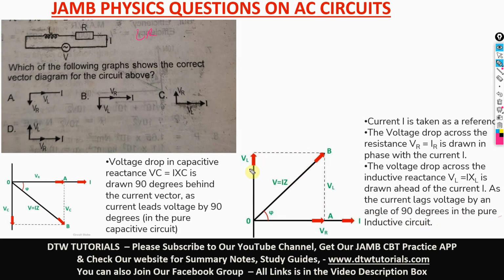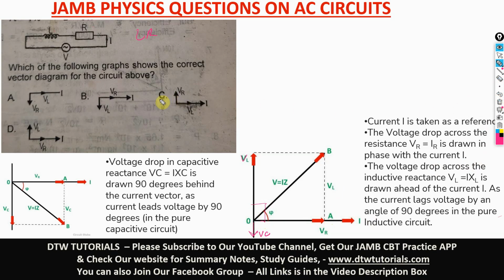Here the current lags behind the voltage. Remember as I said earlier, current lags behind voltage. So voltage will be up here. That's why your VL will be up here and your VC will be down. And the VR is always here. And the angle with which it lags is 90 degrees.